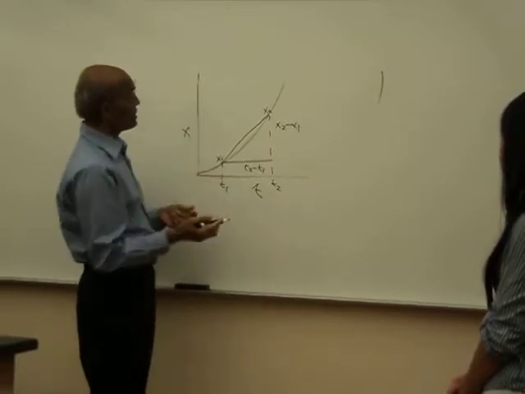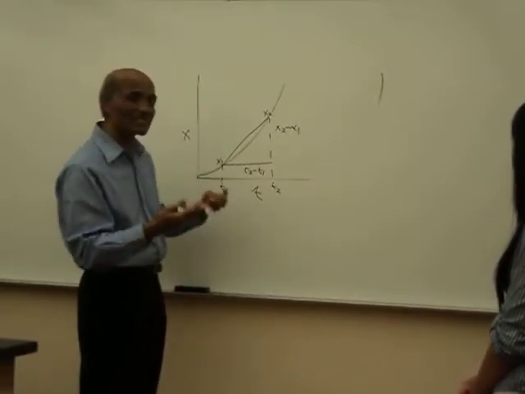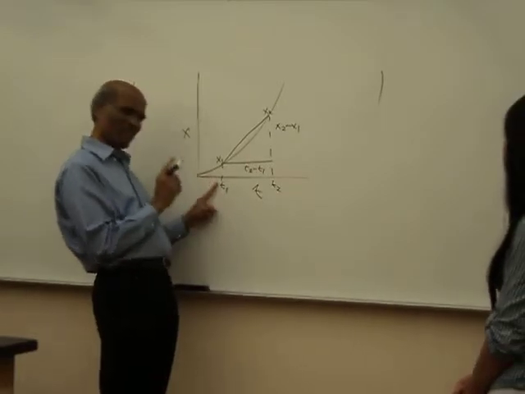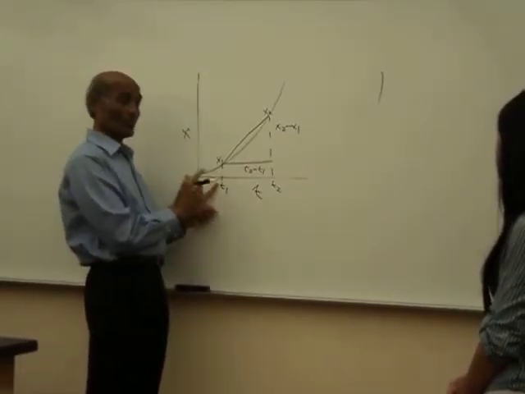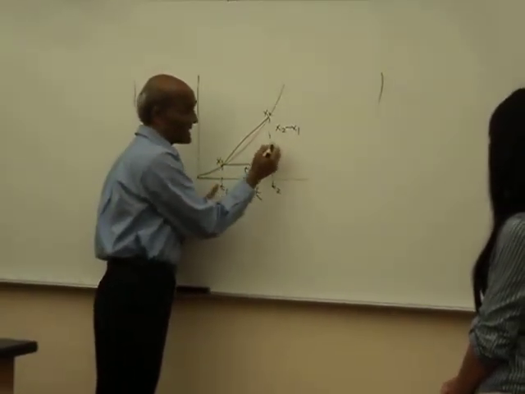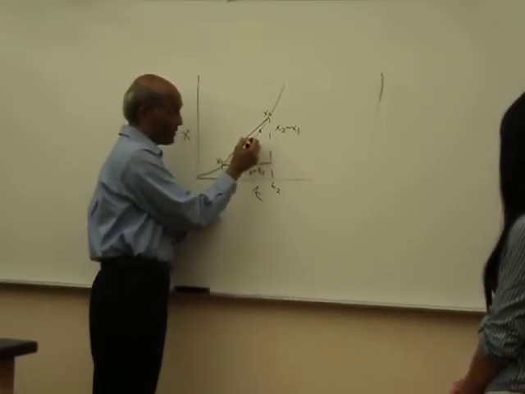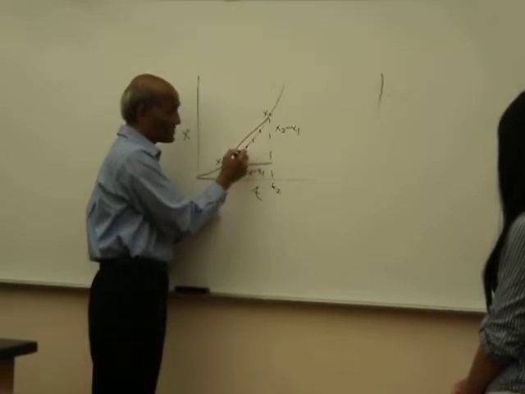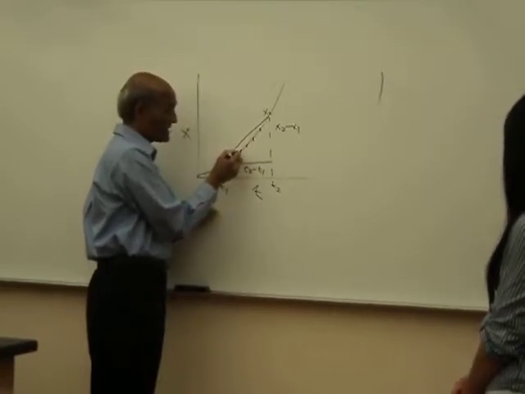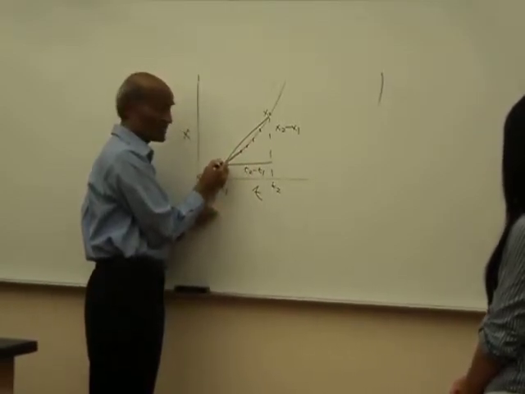But suppose you want to answer what is the instantaneous rate of change at that particular time. What you then need to do is make that interval very small. In doing so, you can see your secant line will become smaller and smaller.